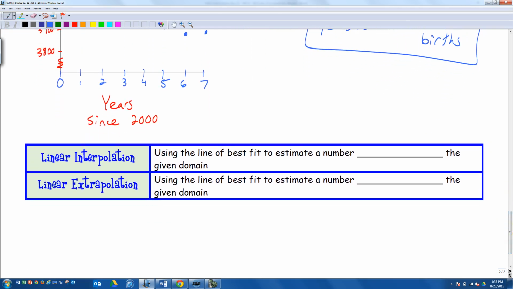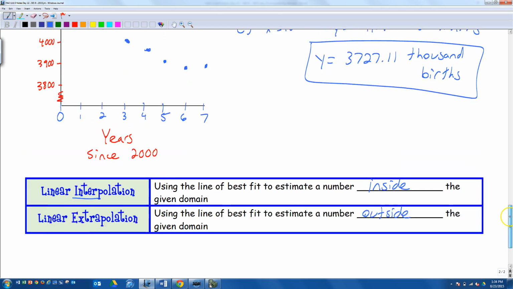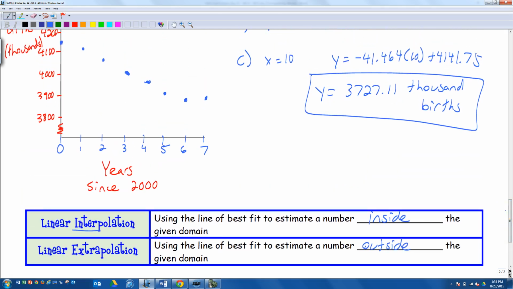Finally, interpolation and extrapolation. It just is a definition stating that if you are interpolating, you are inside the data. So think inter, inside; extra, outside, exit. So if I use that definition based on the problem right above it in part C, we estimated the number of births in the year 2010.